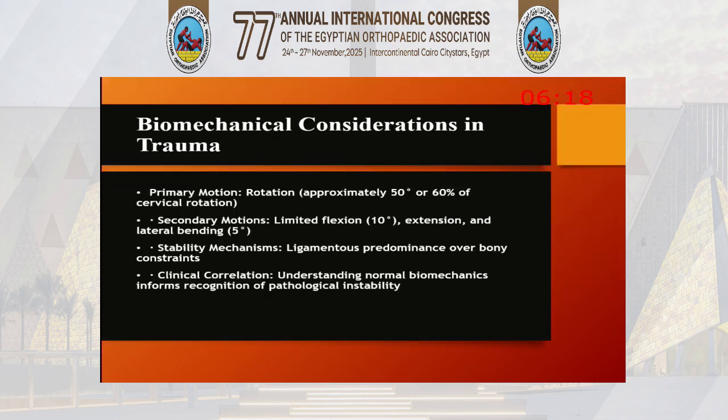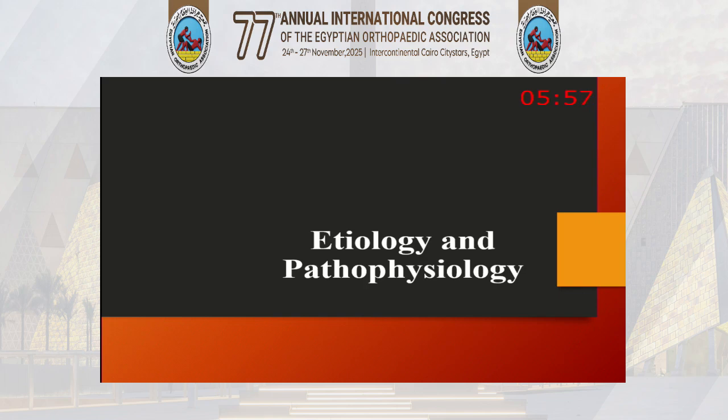The primary motion is rotation, 50% at the atlantoaxial joint. It has limited flexion. The occipitocervical joint has about 50% of flexion and extension.